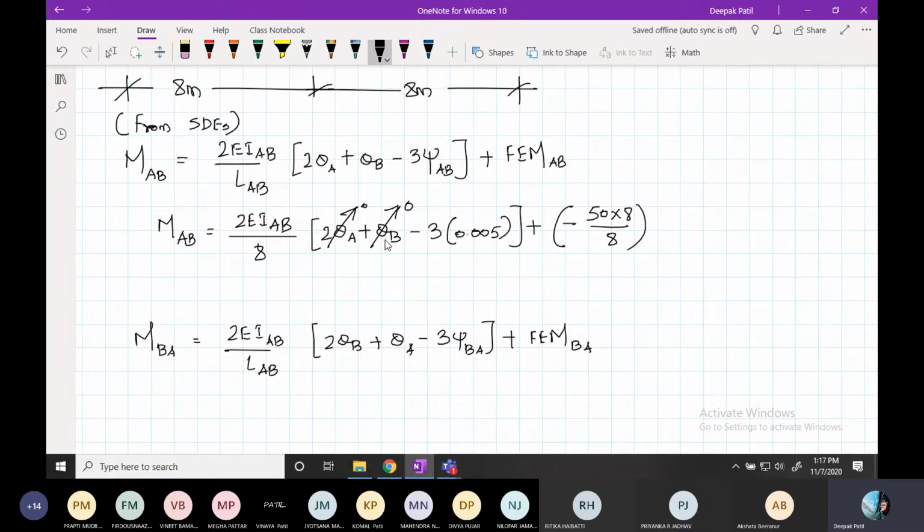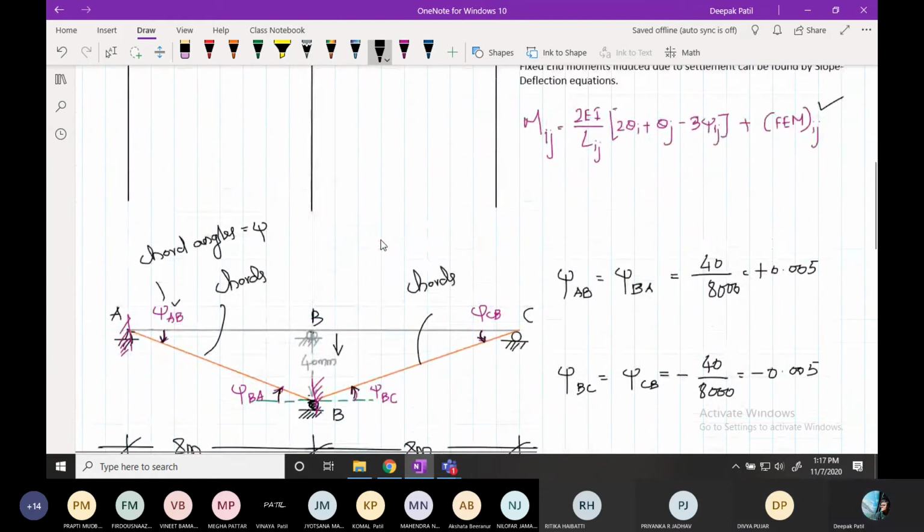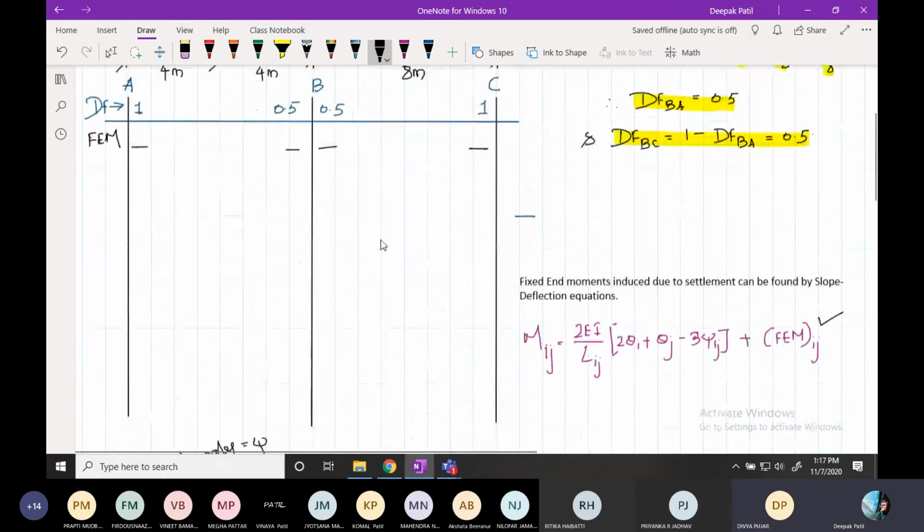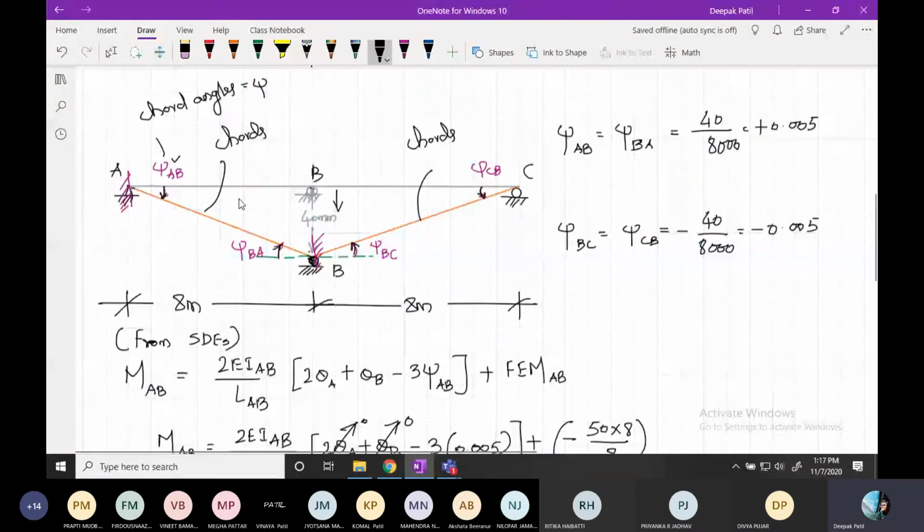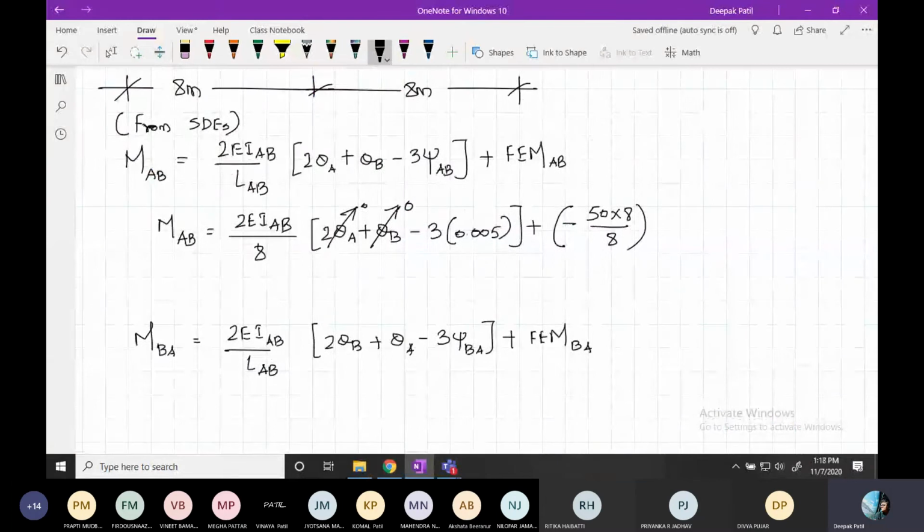Do you agree? Yes, sir. Okay. Sorry, it is not 50 kilonewton, it is 100 kilonewton. So the load is 100 kilonewtons.